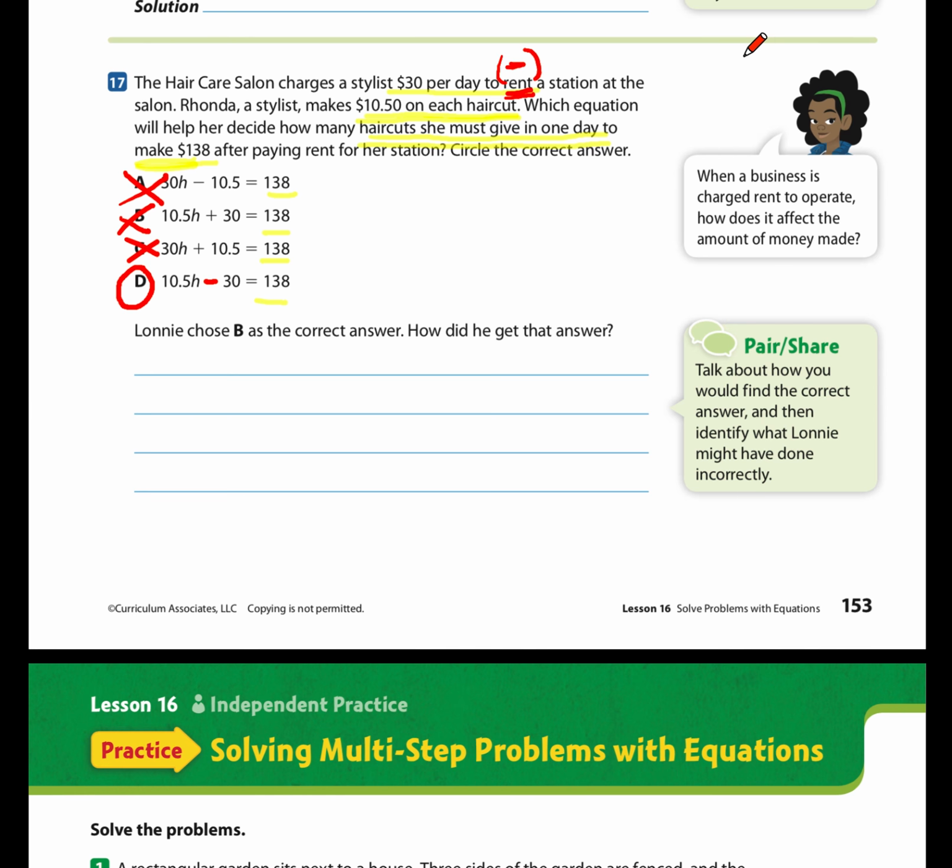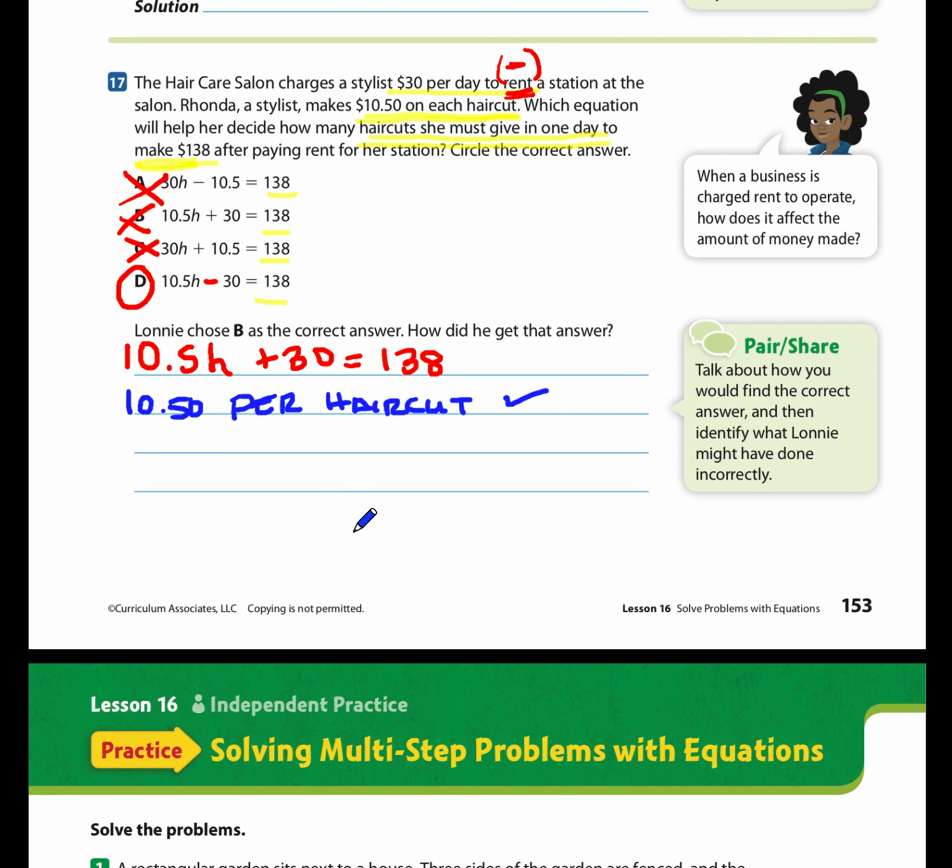Now it says Lonnie chose B as the correct answer. How did he get that wrong? So B is 10.50H plus 30 equals 138. Go ahead and rewrite this if you haven't. What did he do wrong? Well, he's saying it's $10.50 per haircut. So again, if you have something written here, just write it on the side, which is true.